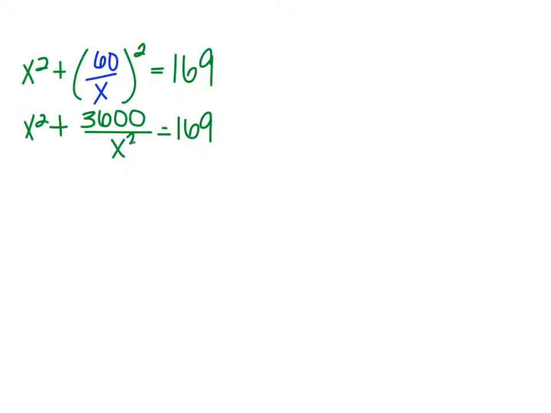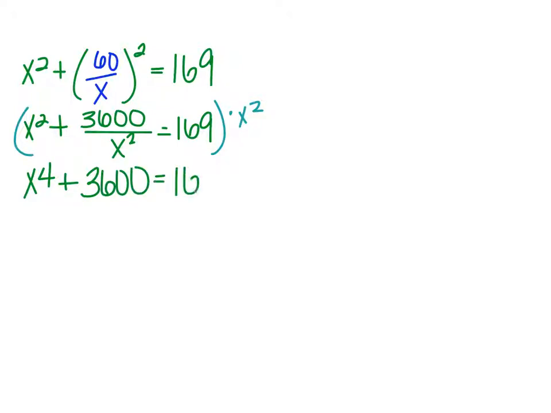That'll be over x squared. And we want to get this so we don't have a fraction. So what I'm going to do is multiply everything by x squared. If we do that, then we have x squared times x squared is x to the 4th. It gets rid of the x squared on the bottom, so we just have 3600, and then we have 169x squared.